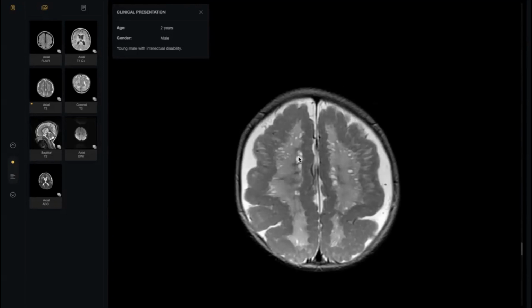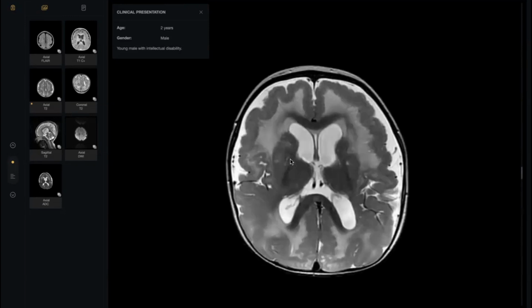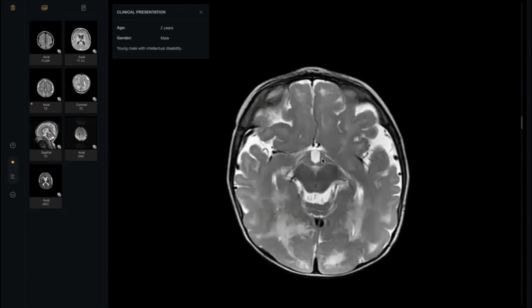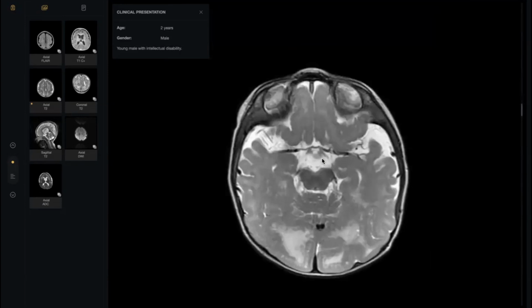Polysaccharide means sugar, so these are Virchow-Robin spaces filled with sugar, filled with mucopolysaccharide. You will never forget it. And then you will see the ventriculomegaly on the other side.